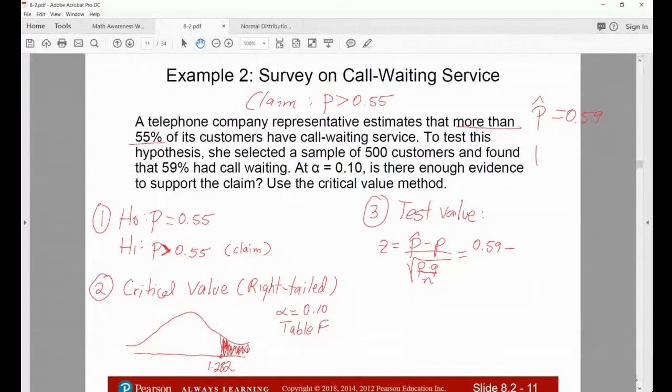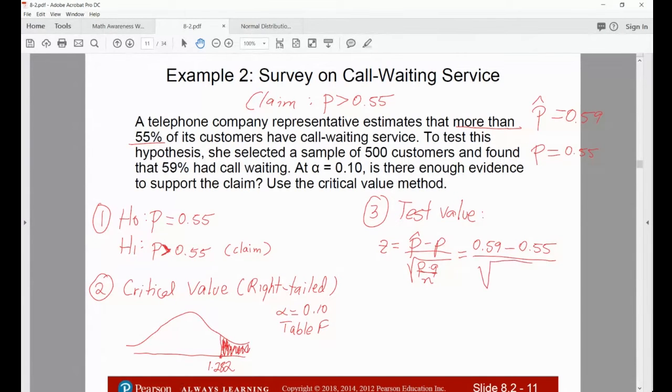Minus, what's the value of p in the null hypothesis? 0.55. So that's the number that we're going to subtract.